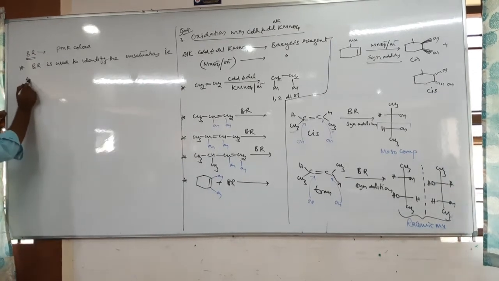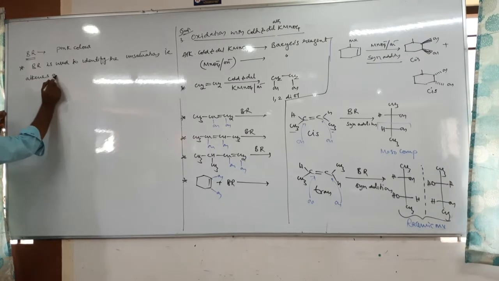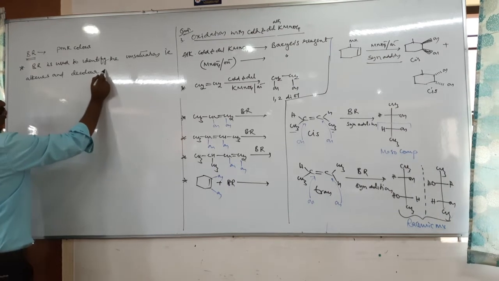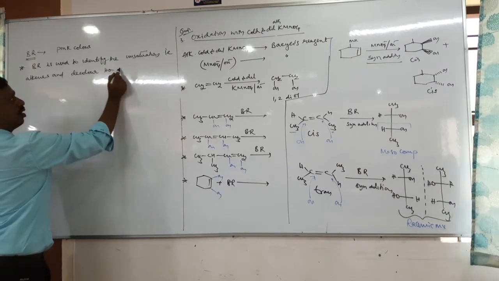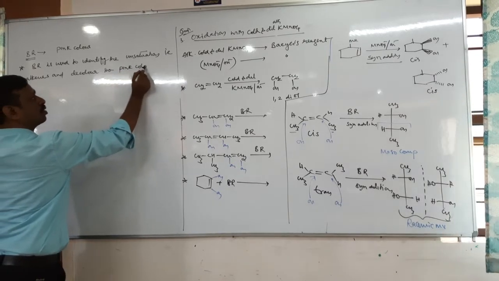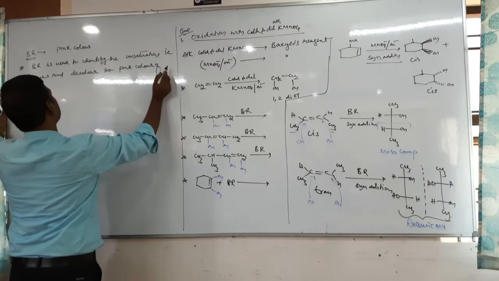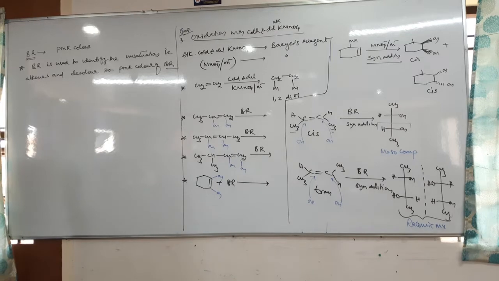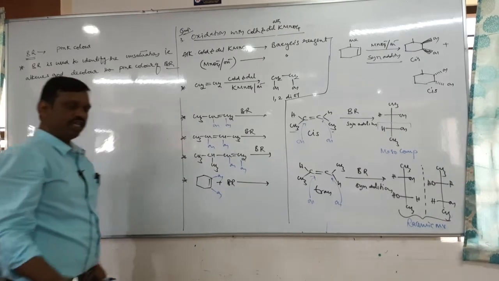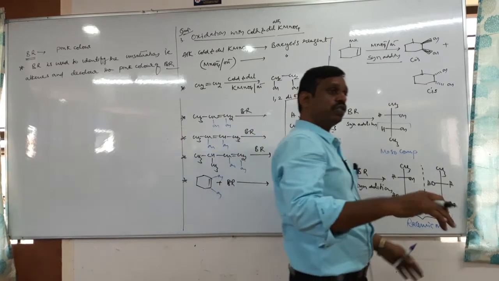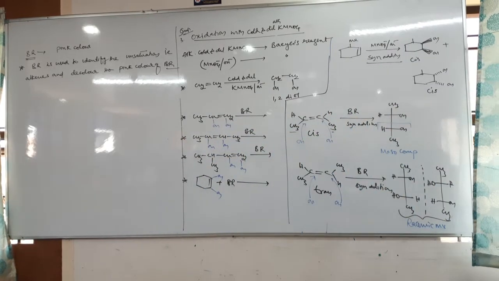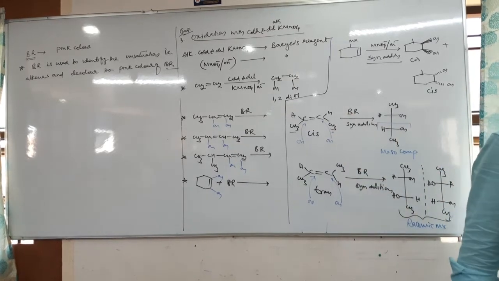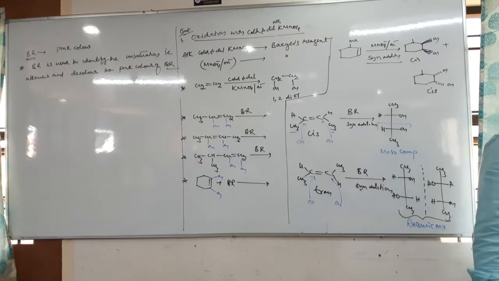Alkenes and alkynes decolorize the pink color of Bayer's reagent. So when Bayer's reagent reacts with alkene and alkyne, it loses its pink color. Therefore, bromine as well as Bayer's reagent both have the same property. Both are used to identify the alkene and alkyne.